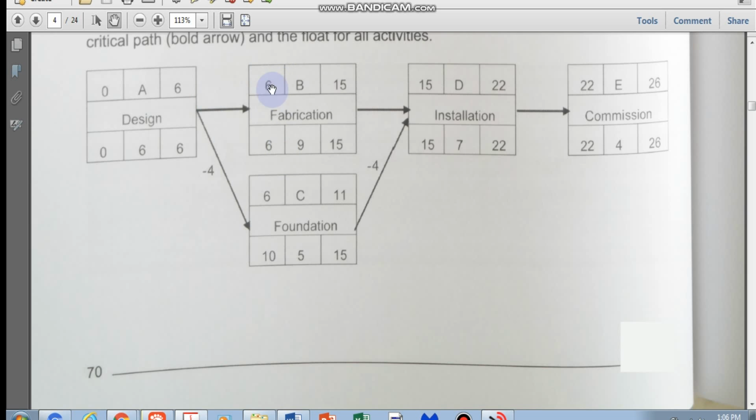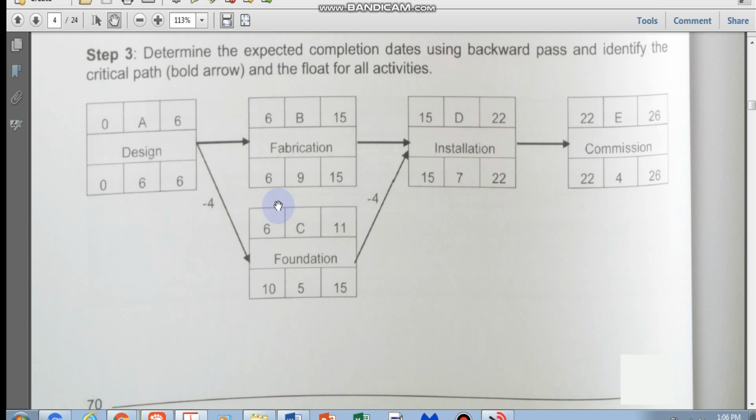If I have 2 succeeding activities, 6 and 6 here; if there's only one succeeding activity like this one, the formula is to take the ES of the succeeding activity, I plus 1, minus the EF of I. So this is 15 minus 15, so it's 0. So the free float for B will be 0. The free float for C will be 4, because you're taking 15 minus 11.